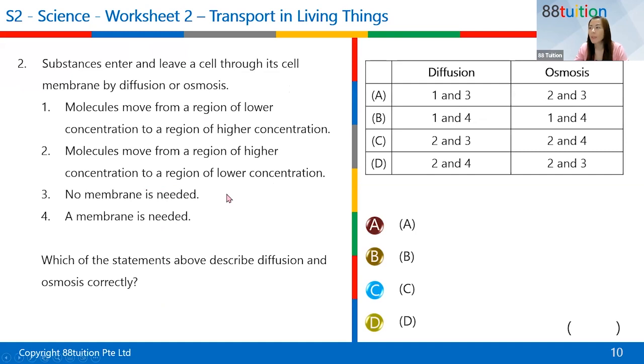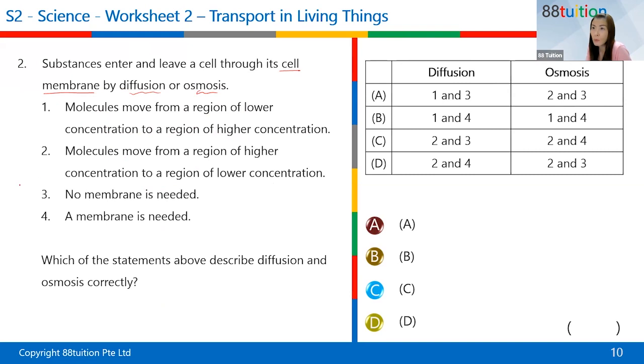So let's move on. Substances enter and leave a cell through the cell membrane by diffusion or osmosis. So there are two processes here, and four statements are made. Molecules move from a region of lower concentration to a region of higher concentration.